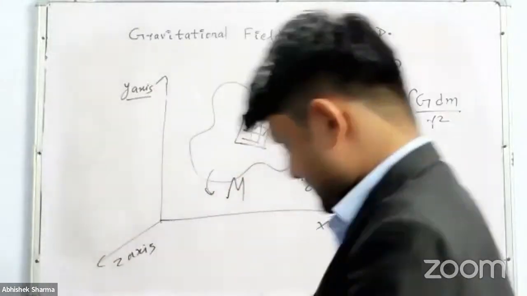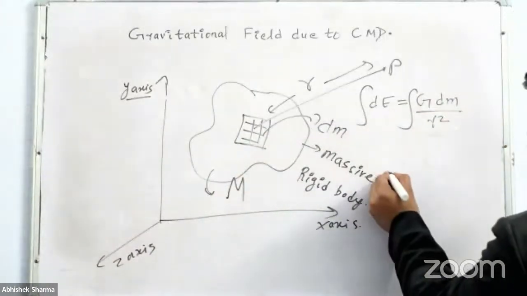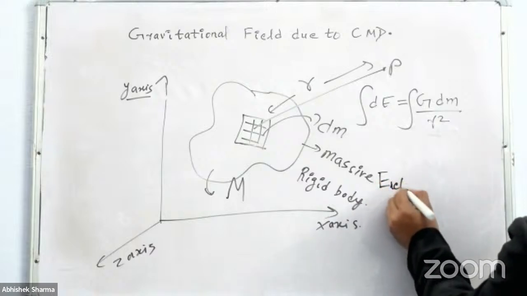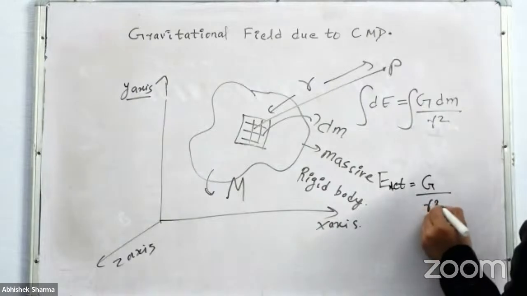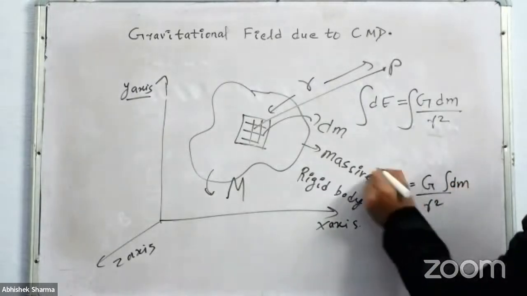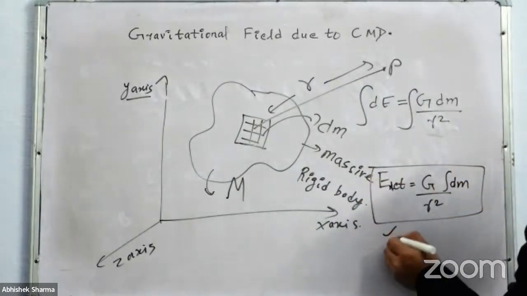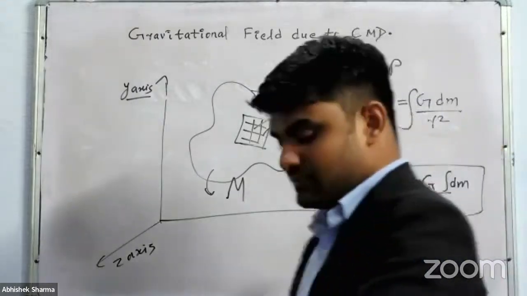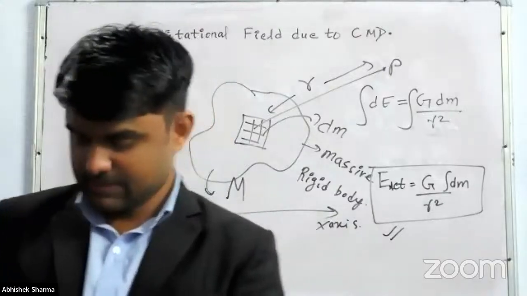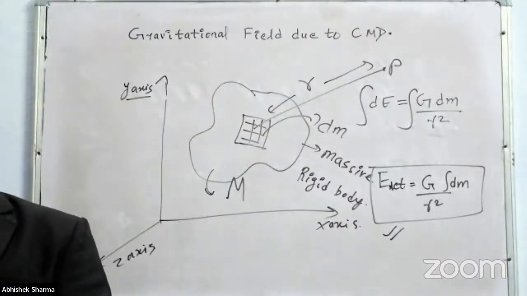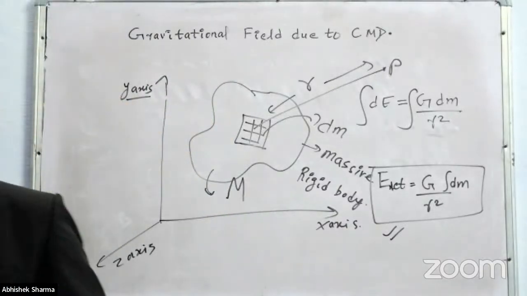So the net field strength will be the integral of G dm upon R square. From this, you'll get a magnitude. Please note it down.